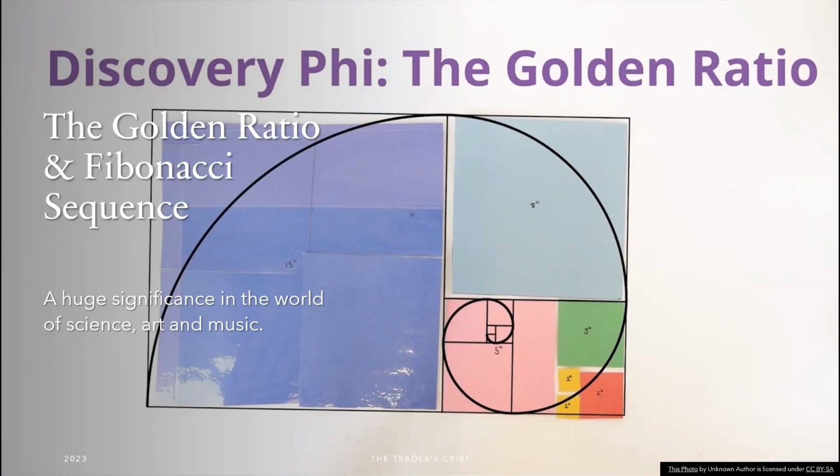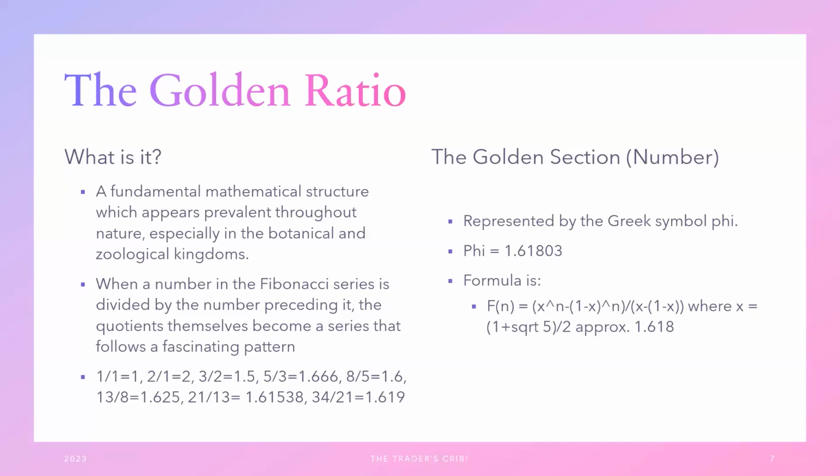So what is the golden ratio in the Fibonacci sequence? Like I said before, it's huge in the world of science, art, and music. And so that is why we have the golden ratio. And what is it? It is a fundamental mathematical structure which appears prevalent throughout nature, especially in the botanical and zoological kingdoms.